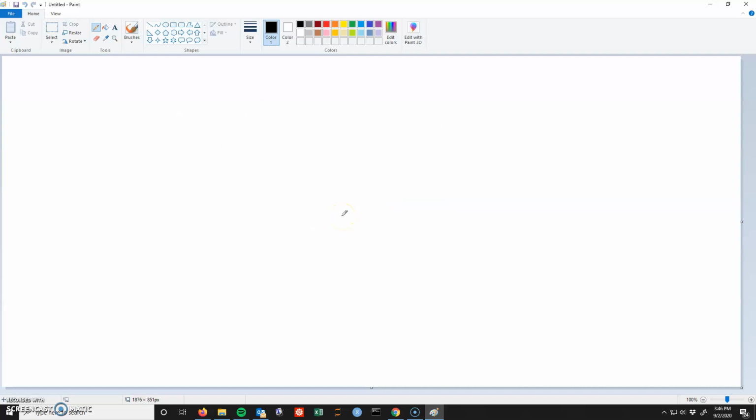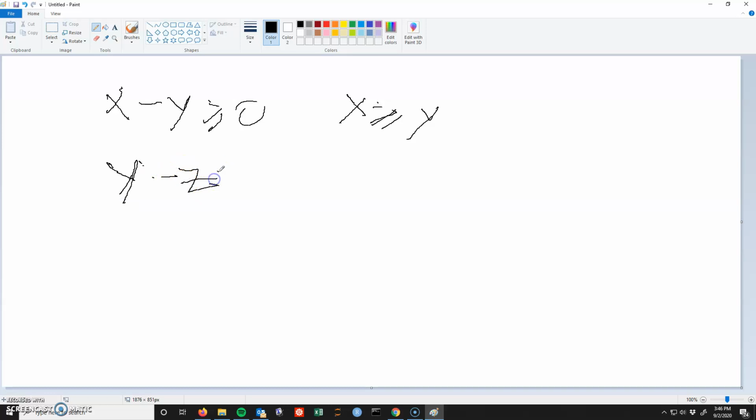Okay, F is true because we're told that x minus y is greater than or equal to 0. And I think I did this in class. I rewrote this as x is greater than or equal to y. And this is cool because then if y relates to z, that also gives a similar inequality, but with y in the bigger position.